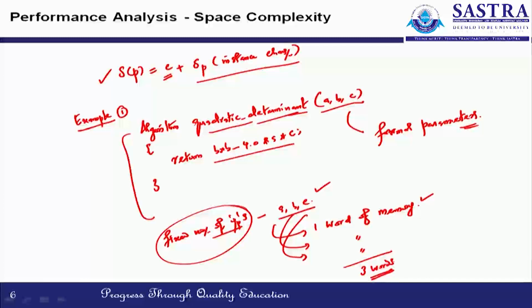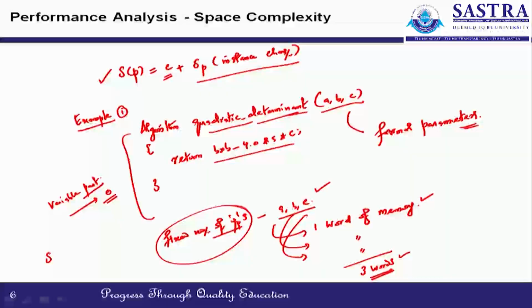So in this case the problem instances are completely independent of the problem instance characteristics. We have only a fixed number of inputs, which require 3 words of memory. There is no variable part memory. Variable part memory is completely 0.